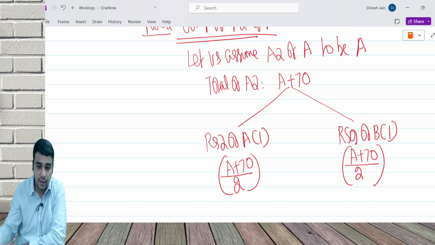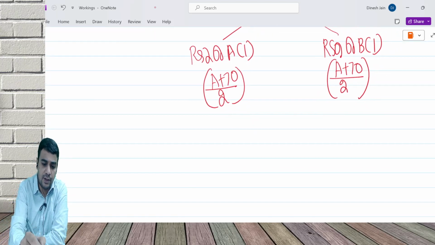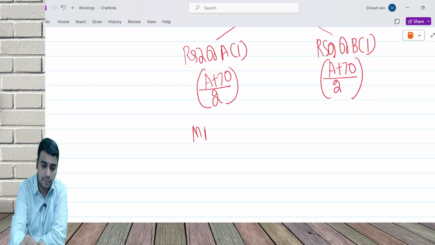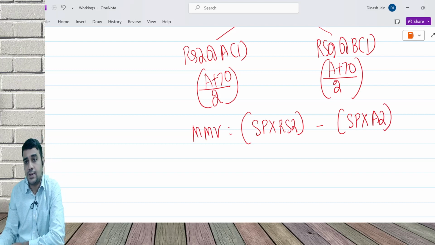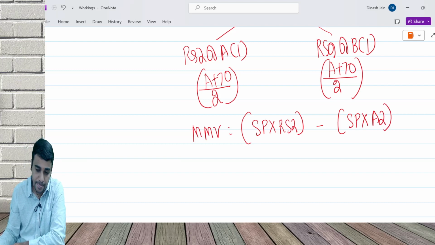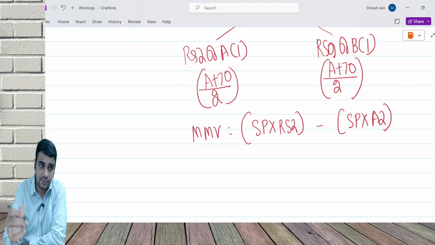Clear? Now write material mix variance equal to SP into RSQ minus SP into AQ. How much is the material mix variance?